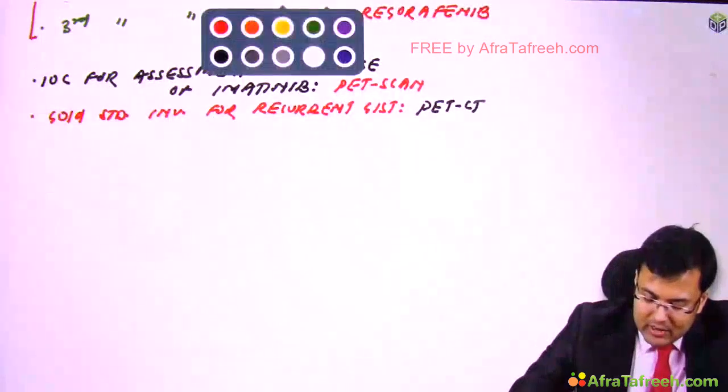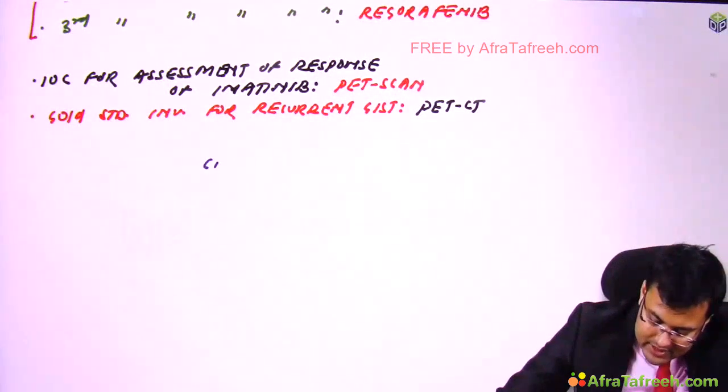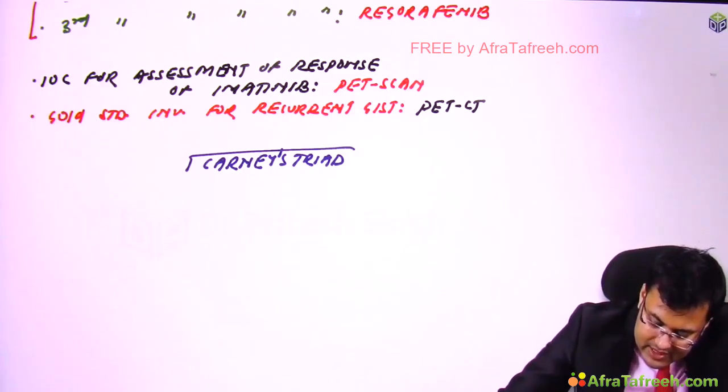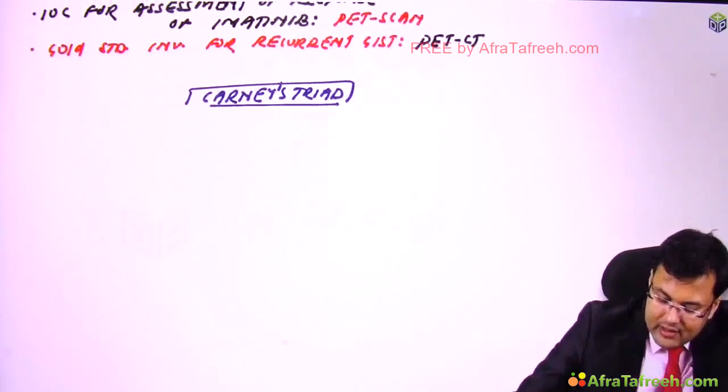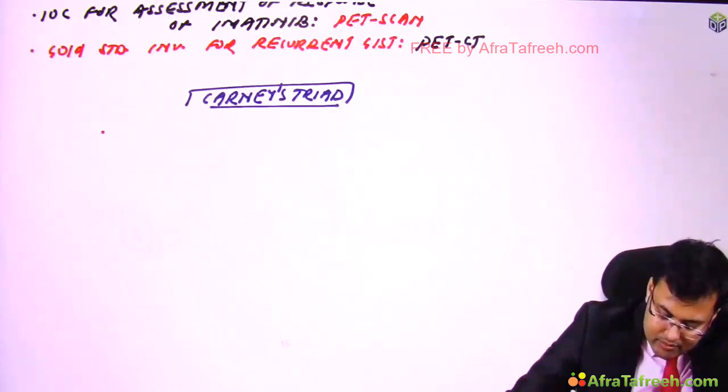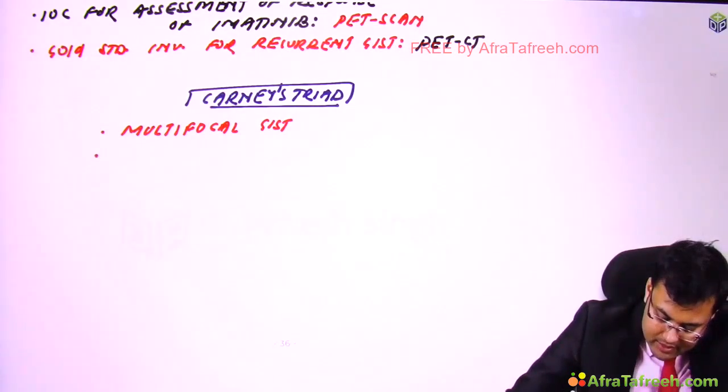A question is asked about a triad. What's the name? It's Carney's triad. So what are the components of Carney's triad? First, there is multifocal GIST. There is pulmonary chondroma.